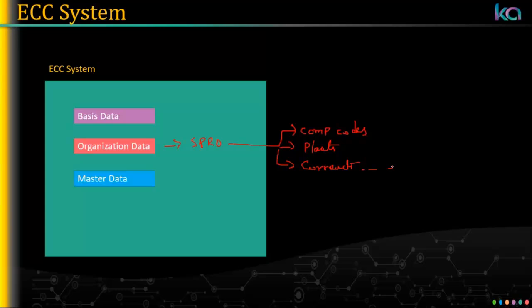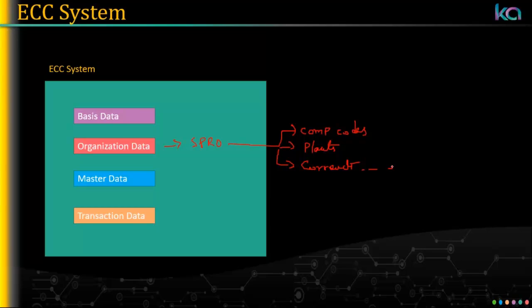Because once the organization data is created, now we need to create the customers, vendors, materials, equipments, service masters, so on and so forth. So once the master data is available, then people will start doing transactions, posting towards the master data.